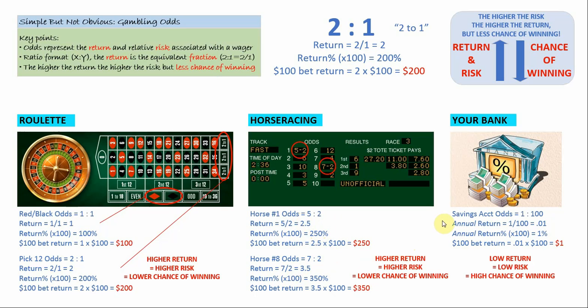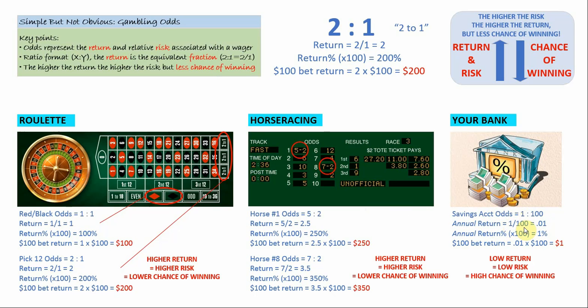Now it's interesting to compare this to what you might see in your traditional savings account. Most of you know the best you can do in your savings account in the country right now is about 1%, and this is even an annual number. Now if we look at this in gambling terms, this would be odds of 1 to 100. So very low odds and very low return.